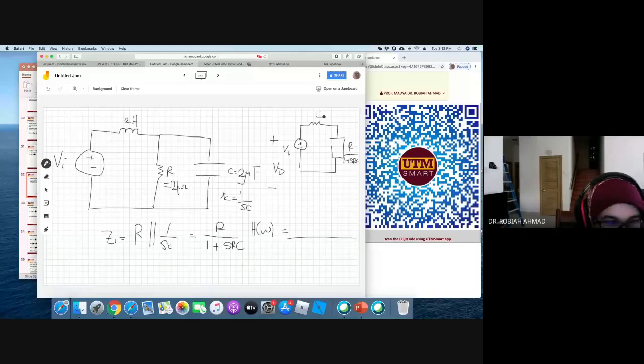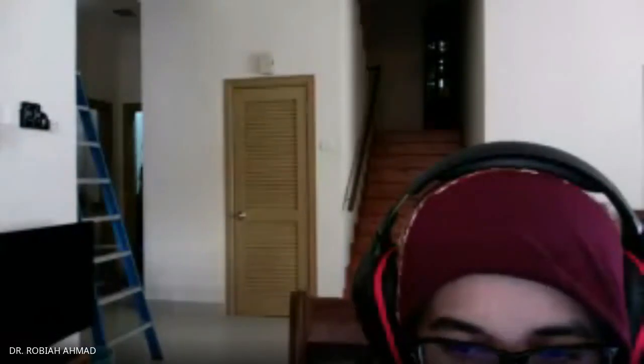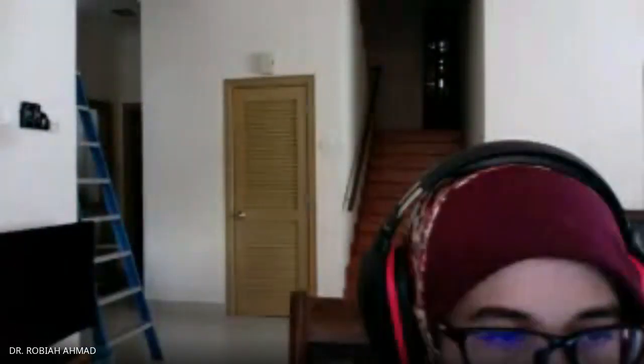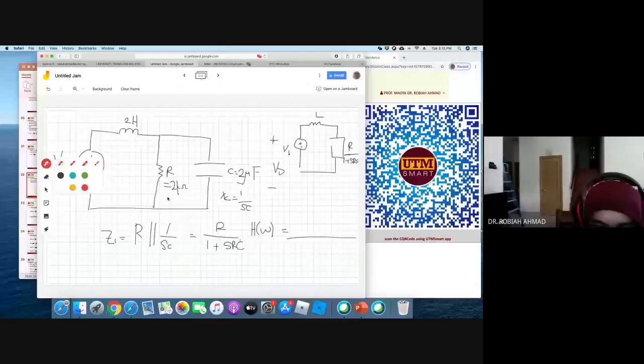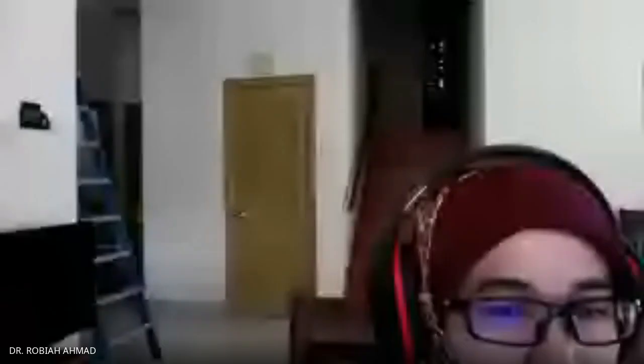Anyone finish with the transfer function for this particular circuit filter? We want to look at the final transfer function for this one. So the output is here.